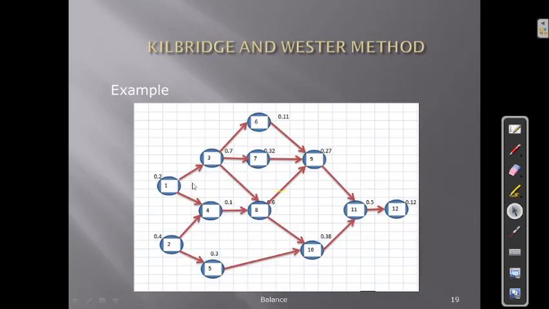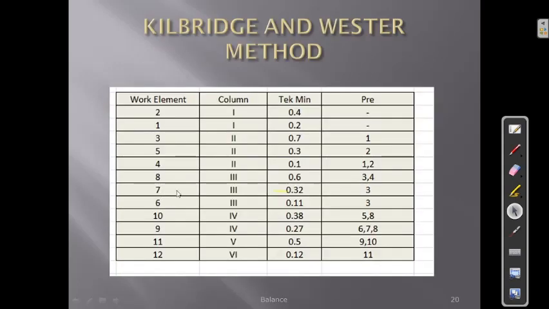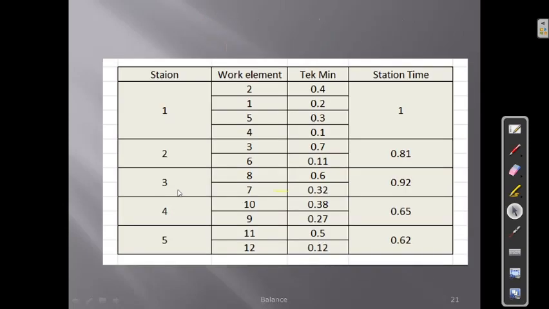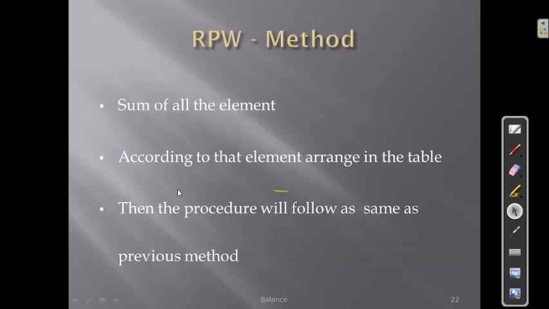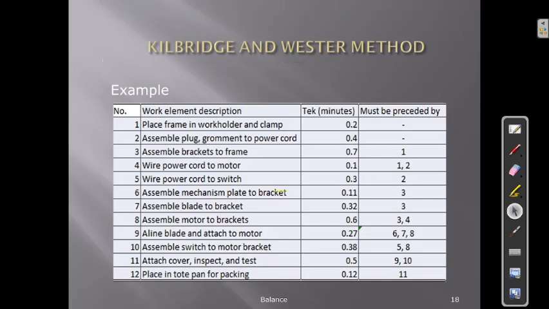Then according to the predecessors, you will draw the precedence diagram. Work element 3 has a predecessor of 1, as you will see in the previous table.